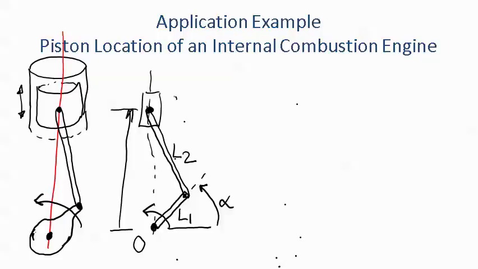So let's call this point up here for the piston C. And let's call the connecting point here, which is a joint between the two linkages, B. So you're asked to find the distance OC. I'm going to draw another schematic now with just pure lines. I'm not going to worry about indicating linkages.